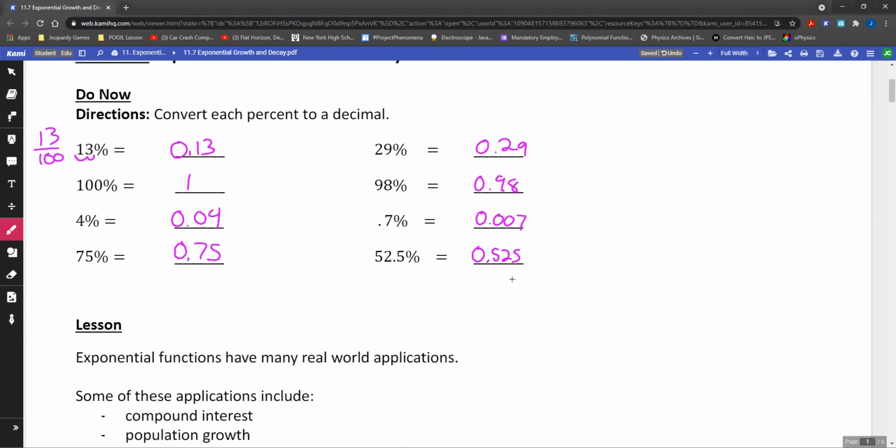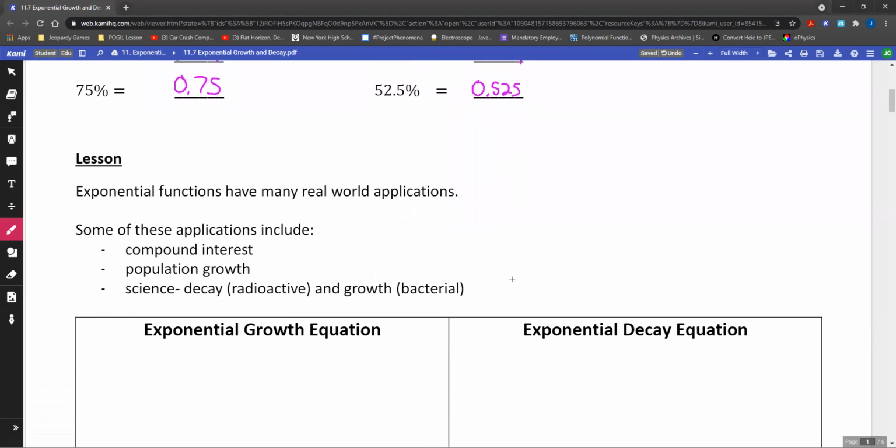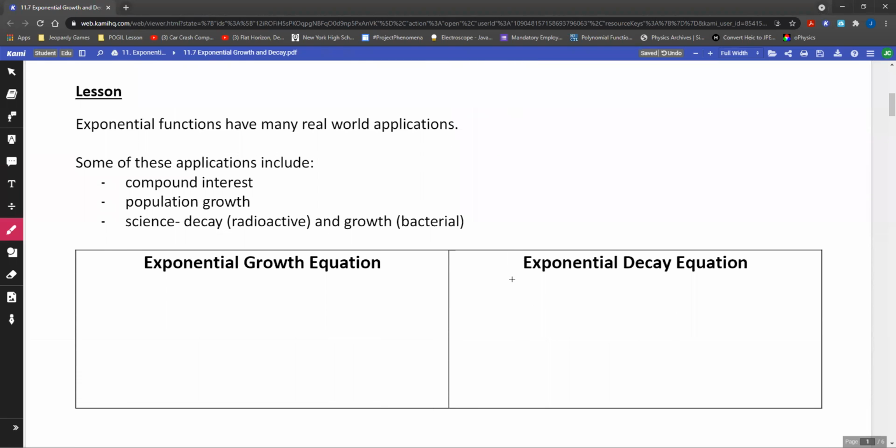All right. So this lesson is going to focus a little bit on real world applications. The main applications where you're probably going to see exponential functions, you might even see it in real life, are things like compound interest, population growth, and if you go into science, anything with decay, like radioactive decay or bacterial growth, all work through exponential functions.